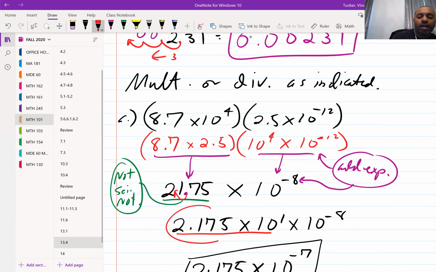That's what I have right here. But to account for that, you also have to have this 10 to the 1, because you moved one to the left. So that's 10 to the first power. So we convert it to scientific notation: 21.75 is 2.175 times 10 to the first power.